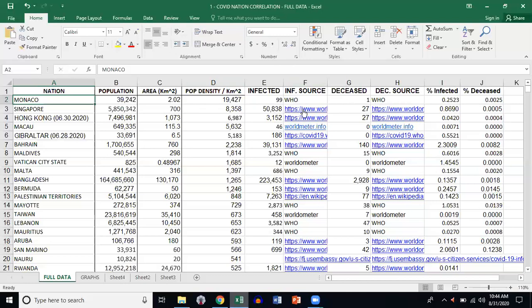And then you have your infected source next to it, and disease source next to the number in a new column, okay? And then we also calculated percentage of infected and percentage of disease.